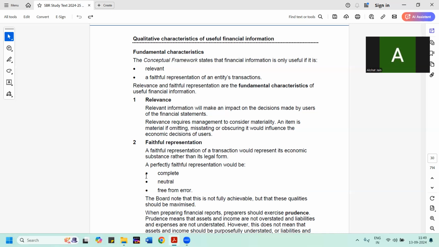However, faithful representation lays down that, all right, you don't need to lie to your stakeholders. Just show them complete, neutral, and free from error information and let them decide.